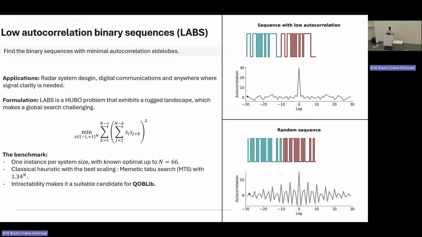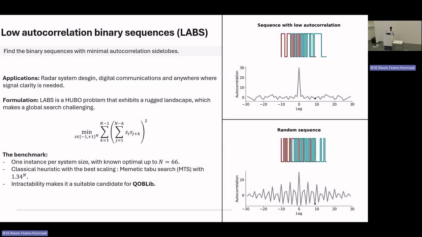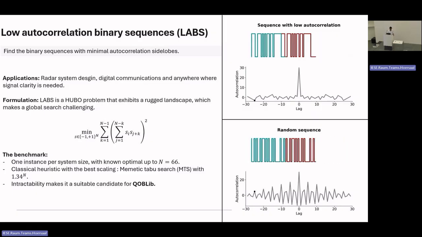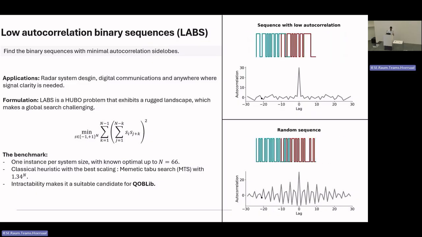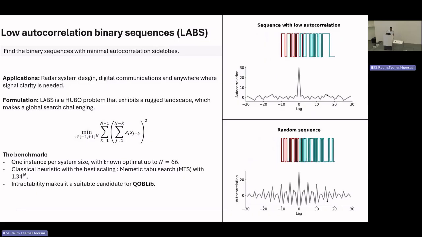The second example that maps to HUBOs natively is LABS, the low autocorrelation binary sequences problem. This was work that we did with the quantum optimization working group, by IBM and many other institutes and industries. We have a group of around 70-plus people, and there we listed some of the hard problem instances where classical solvers struggle.